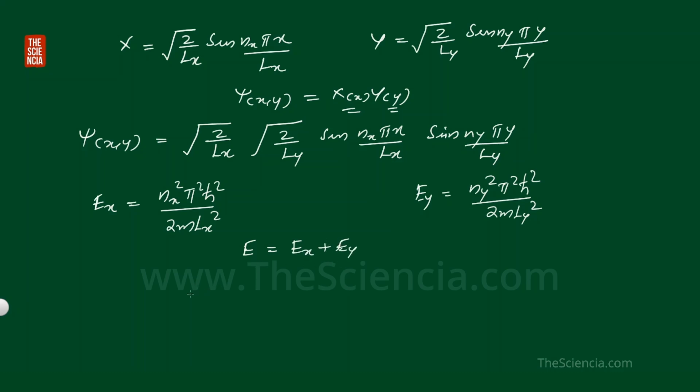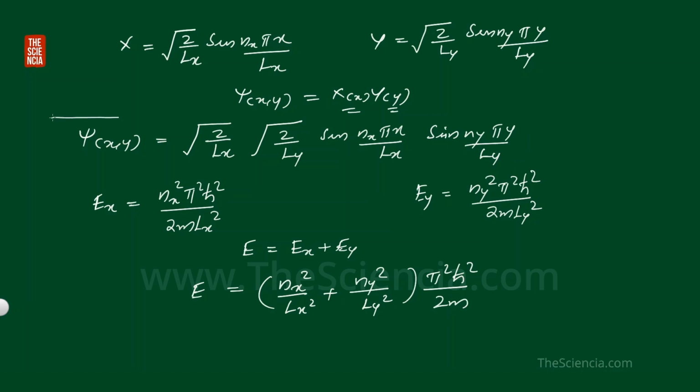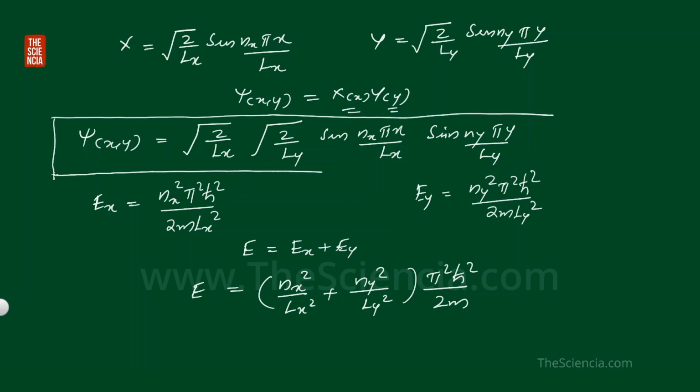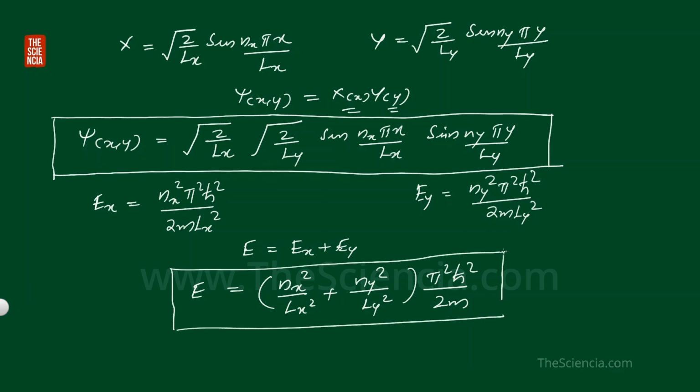That is, we will get E equal to nx squared by Lx squared plus ny squared by Ly squared, into pi squared h squared by 2m. So these are the wave function and the energy of a particle in a 2D box.